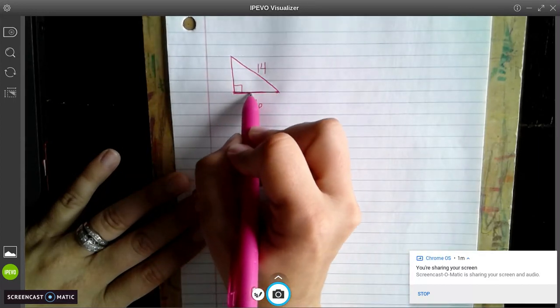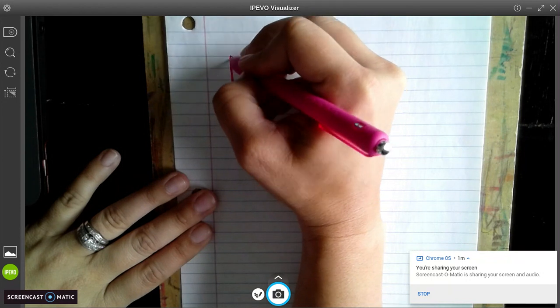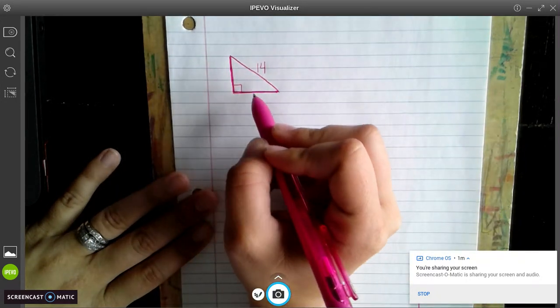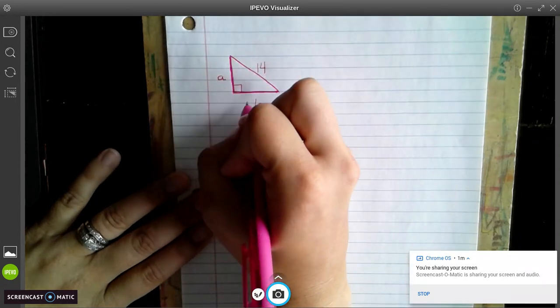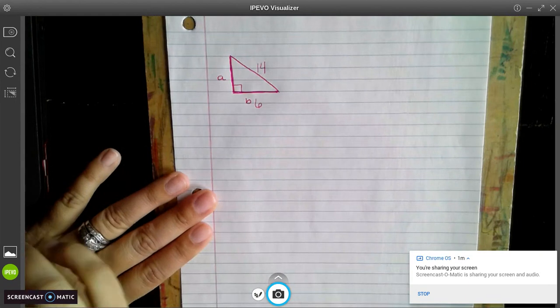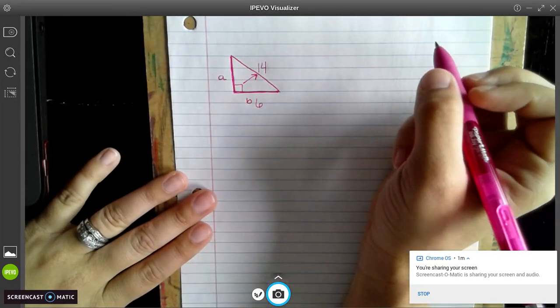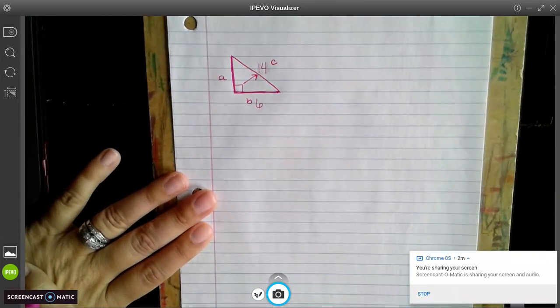Remember that the 2 pieces of information, or the 2 side lengths, that form that 90-degree angle are the legs. So we can always just write A and B or B and A. Remember, those can be flip-flopped. So I'm going to go ahead and write A and B. And remember, the hypotenuse is always across from the 90-degree angle, and that's always going to be our C value.